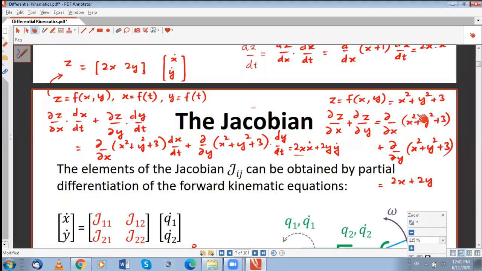We first differentiate with respect to x, and while we do that, we treat y as constant. That's why the partial derivative with respect to x is just 2x, because the other term is constant and its derivative with respect to x is 0.